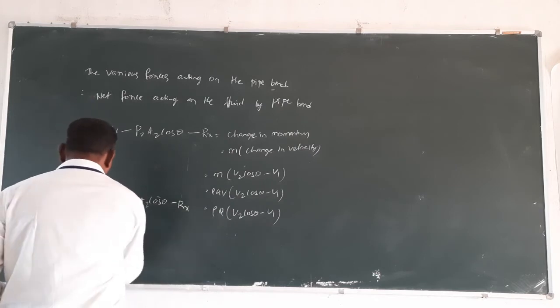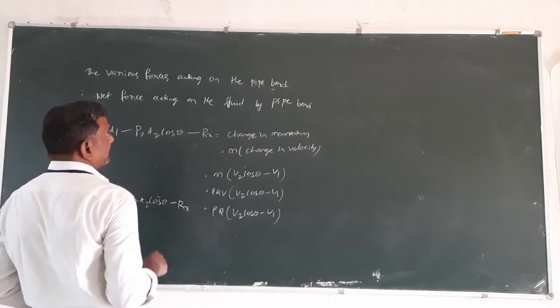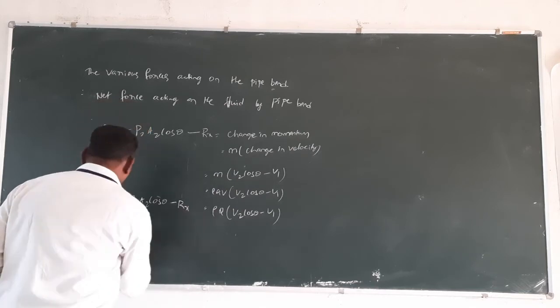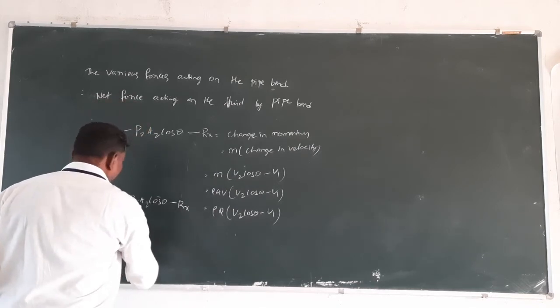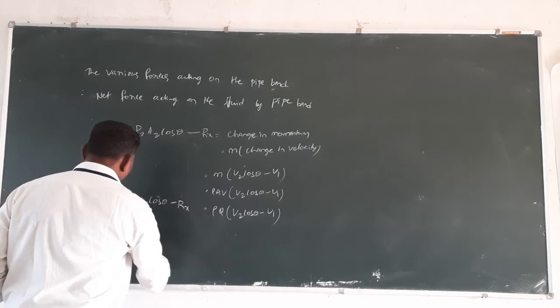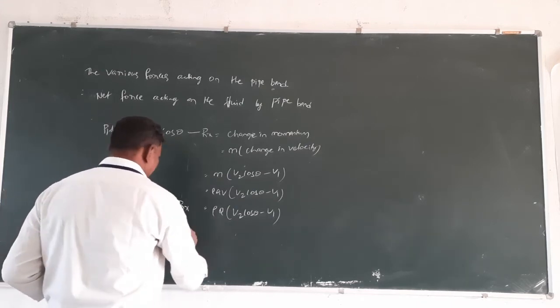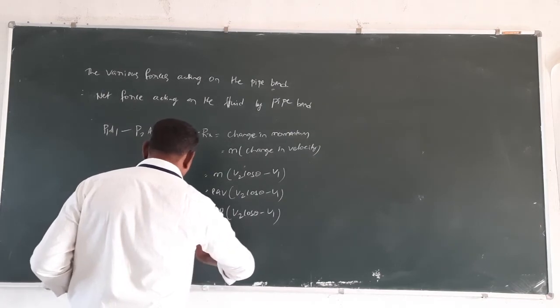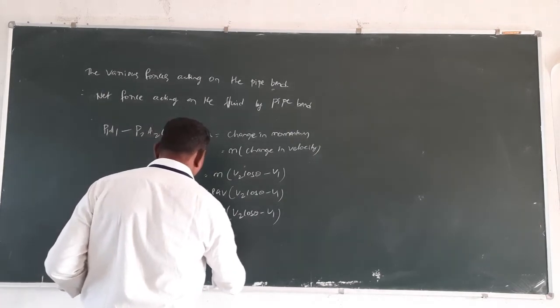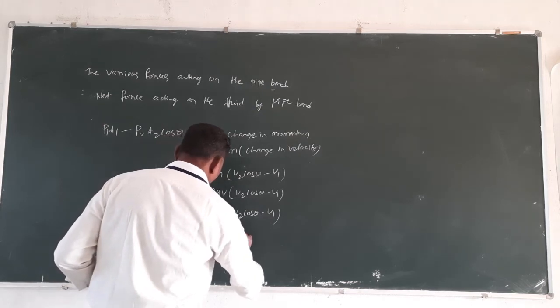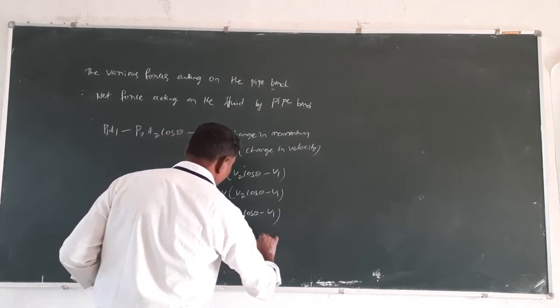So we need the reaction offered by the pipe bend on the fluid. So write the expression for Rx. P1 A1 minus P2 A2 cos theta minus rho Q into (V2 cos theta minus V1) is equal to Rx.